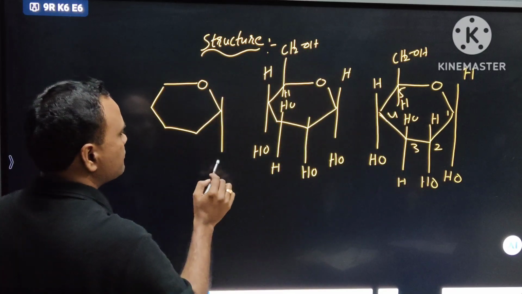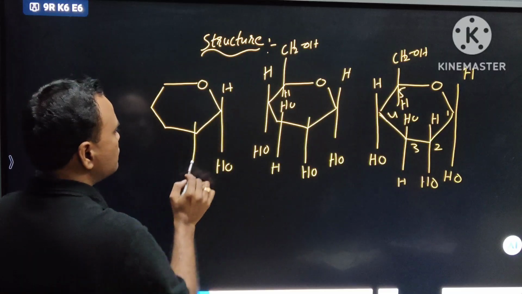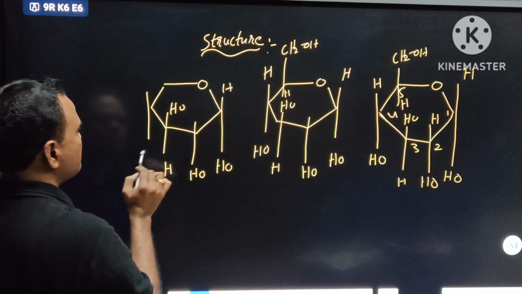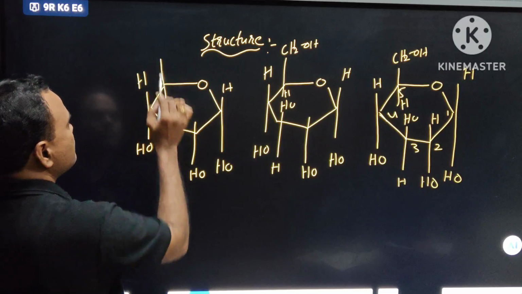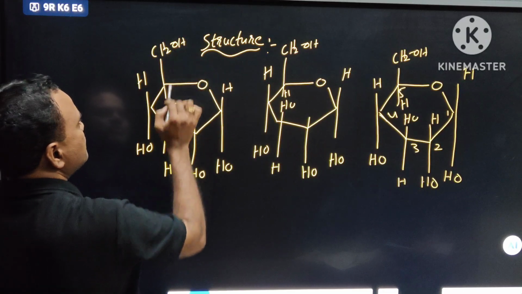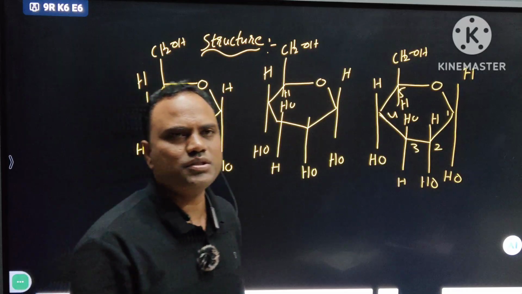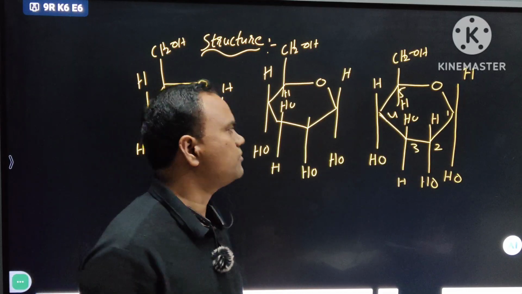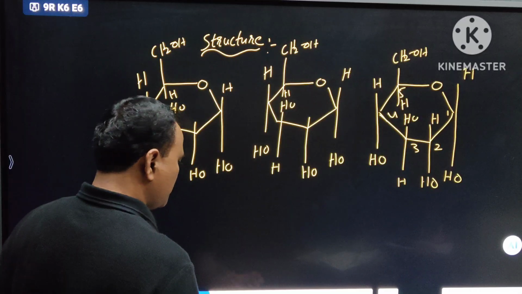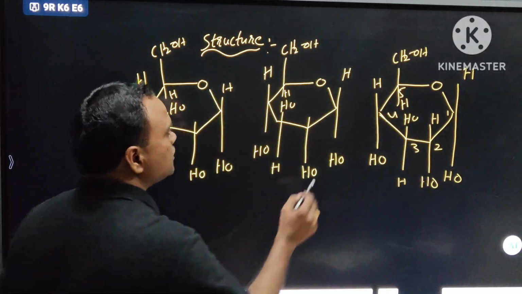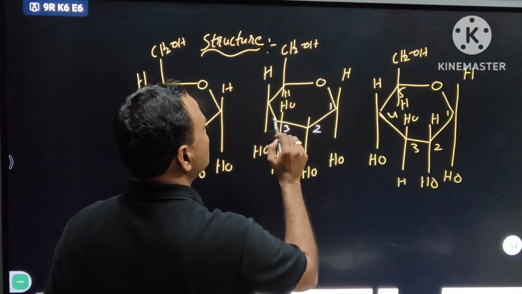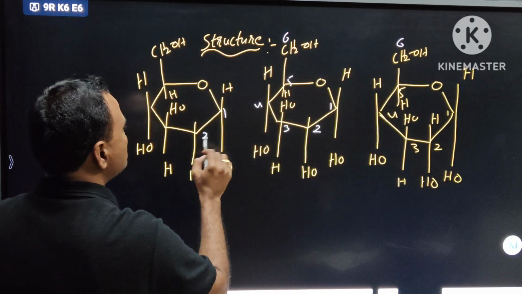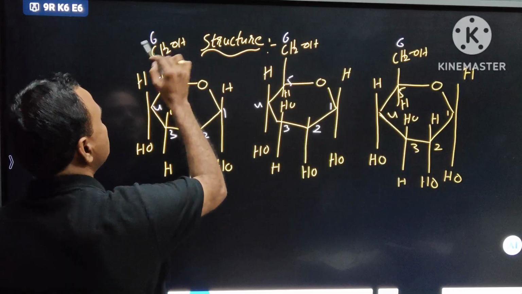Here also the same, alpha D glucose units. What is the link? What we wrote: C1-C4 alpha glycosidic link. If you give the numbering for this second ring, 1 2 3 4 5 6, here also 1 2 3 4 5 6.